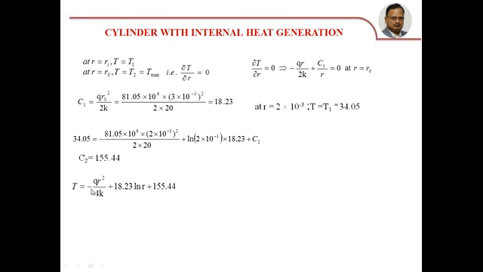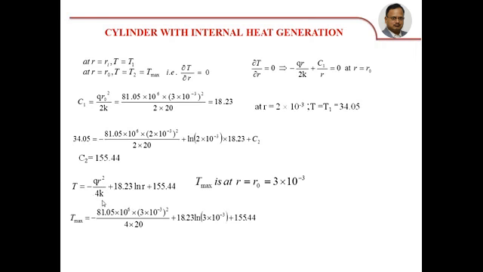Now the temperature distribution equation is T equal to minus q dot r square by 4k plus C1, 18.23, log r plus C2, 155.44. T maximum is at r equal to r naught, that is at 3 into 10 power minus 3. Substituting 3 into 10 power minus 3 in place of r in the above equation, you will get T maximum as 31.3 degrees centigrade. I think somewhere it has gone wrong.